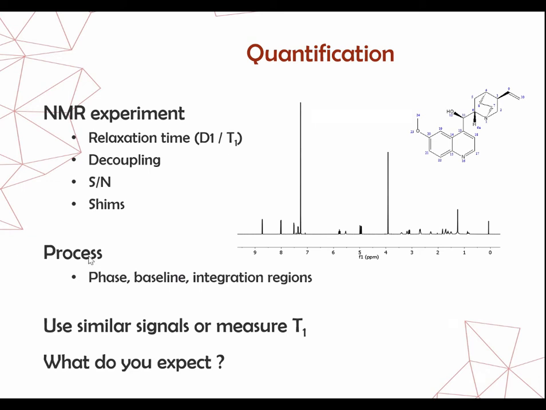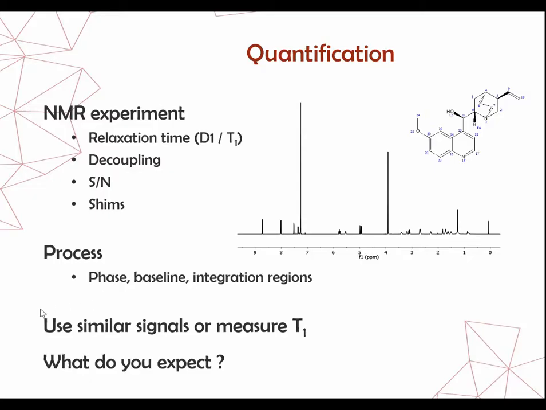Then for the processing of the spectrum, if you want to be quantitative, it's very important to phase your spectrum and to correct the baseline so that your integrals are accurate. And if you are comparing several spectra, it would be better to fix the integration region precisely and to always use the same.